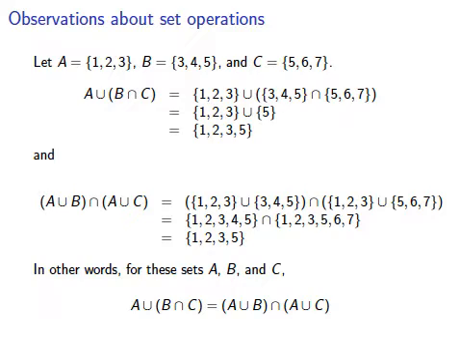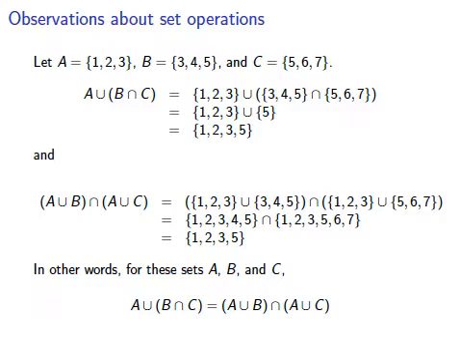Start with an observation. Take three specific sets, A, B, and C. Let's suppose that A is the set 1, 2, 3, B is the set 3, 4, 5, and C is the set 5, 6, 7.